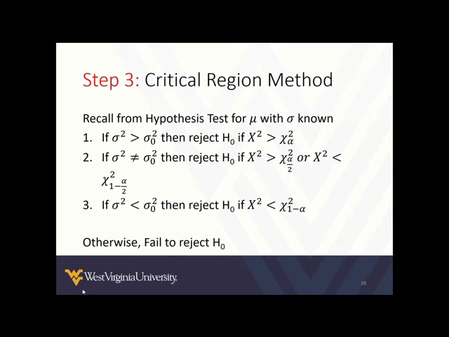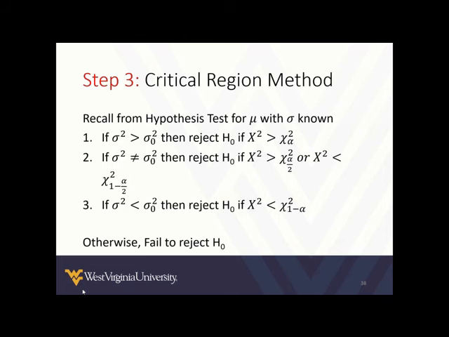And the reason this is different is if you examine the chi-squared distribution, it is not symmetric. And so we do have to calculate the values at both alpha over 2 and 1 minus alpha over 2 due to the issue of things not being symmetric.